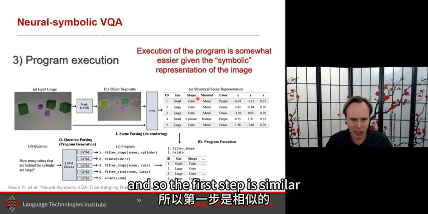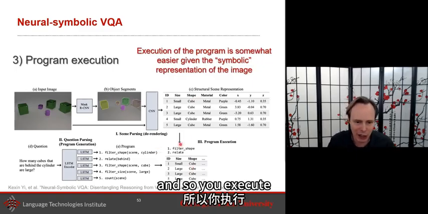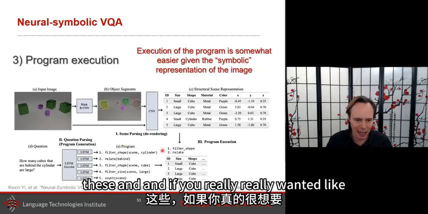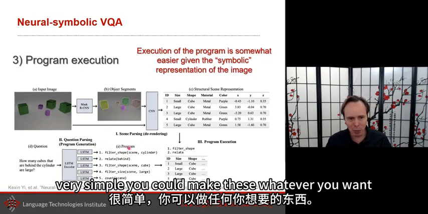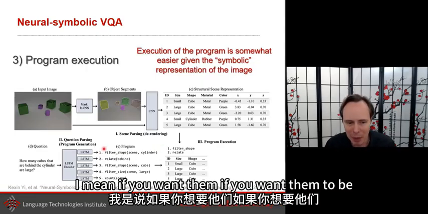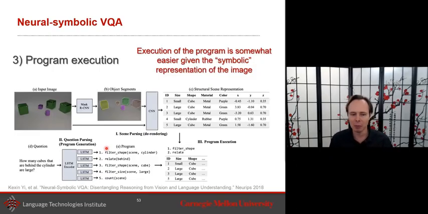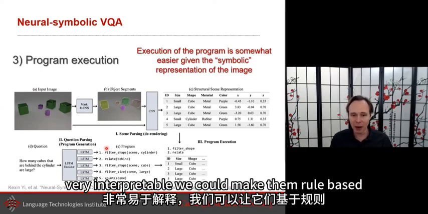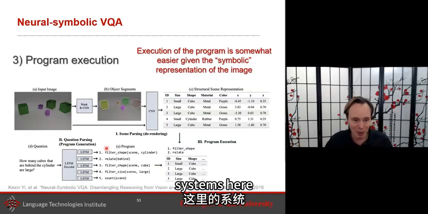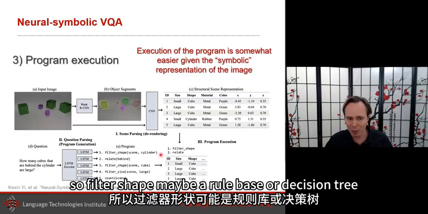So the first step is similar, and you execute these. If you really wanted something very simple, you could make these whatever you want. If you want them to be very interpretable, you could make them rule-based systems, so filter shape could be a rule-based system or a decision tree.